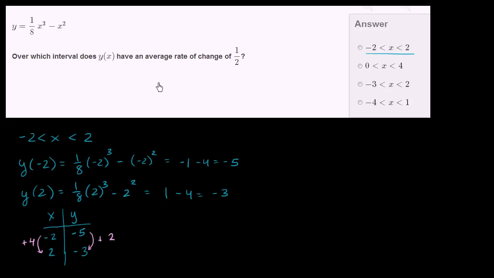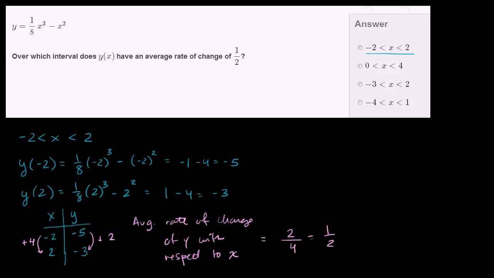So our average rate of change of y with respect to x is going to be equal to, well, when x changed by +4, y changed by +2.